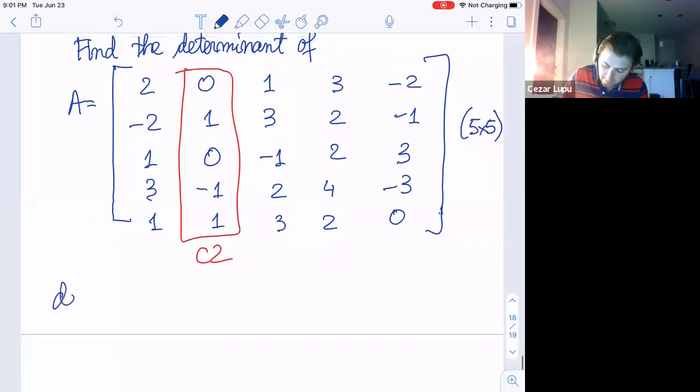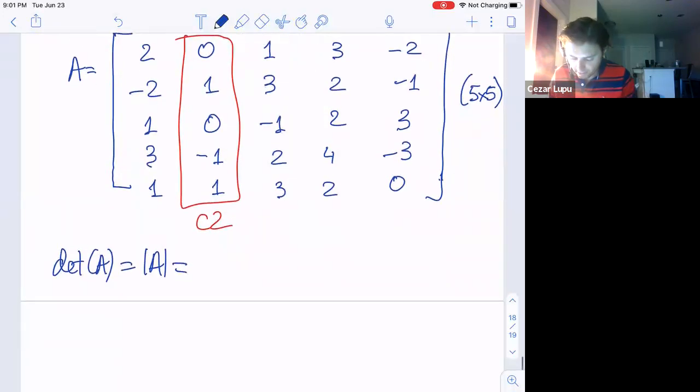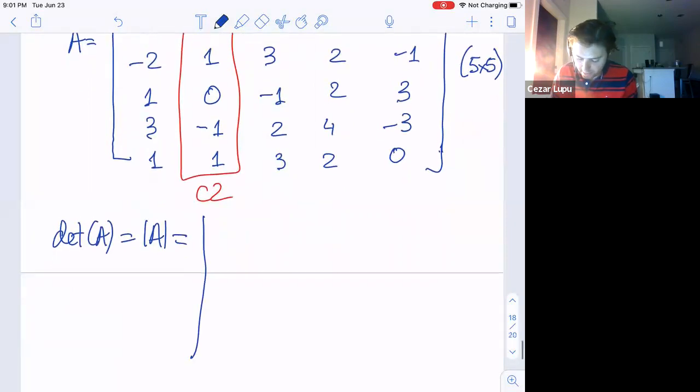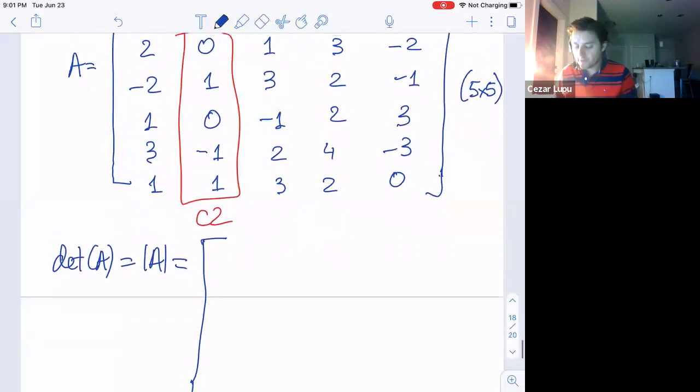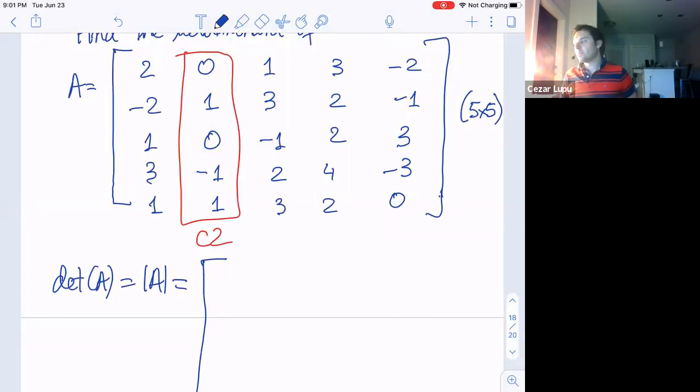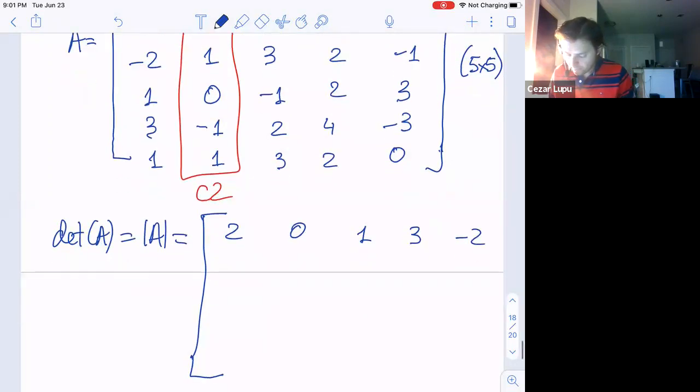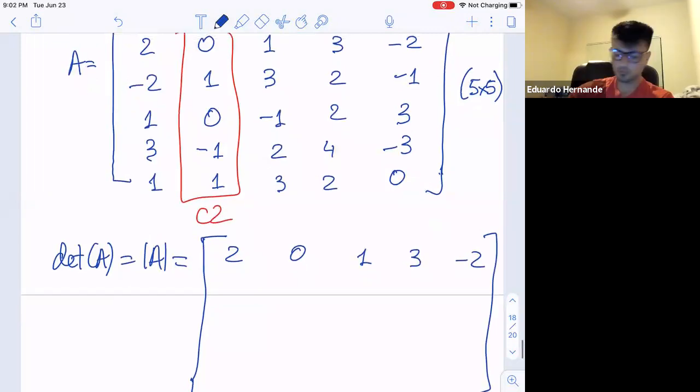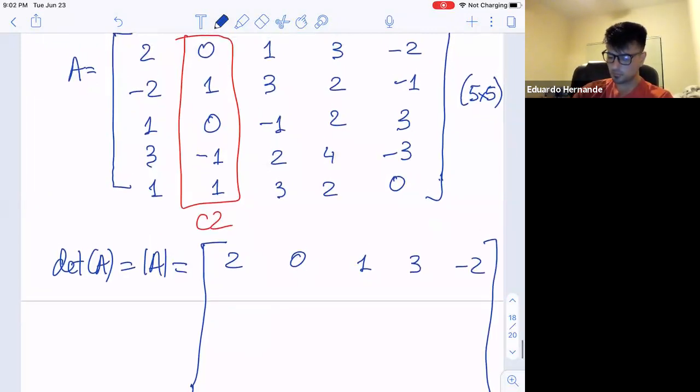The determinant of A will be... oh my God, it's gonna be painful to write this matrix. So let's do it step-by-step operation. We said that we're gonna add the rows, so: 2, 0, 1, 3, -2. And by the way, I have to tell you a secret. I really hate computations, but anyway, what can I do?